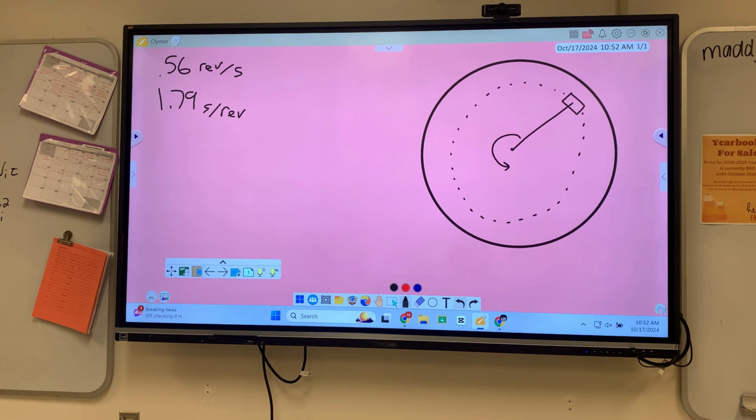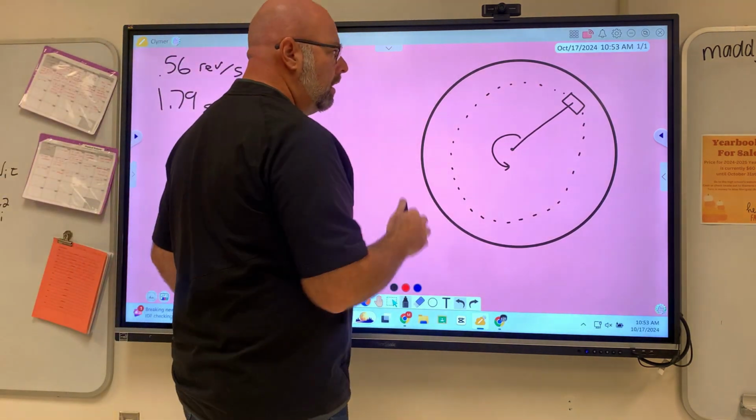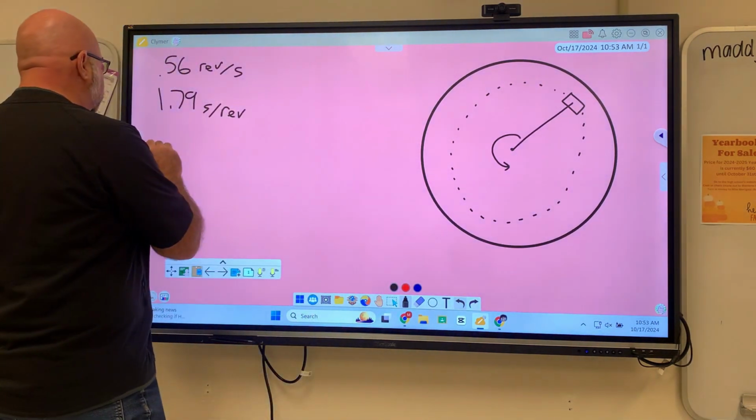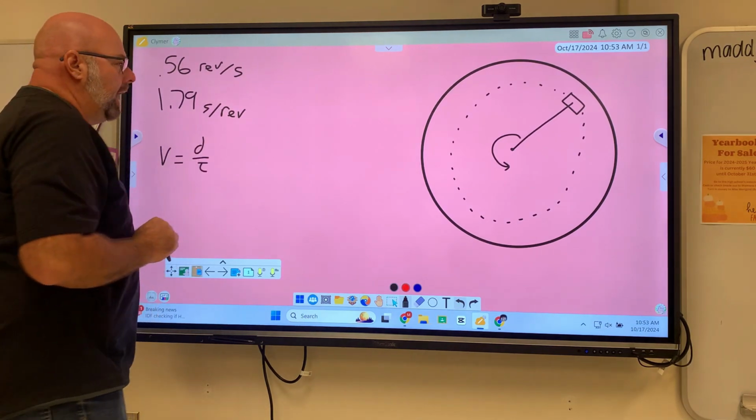Oh, yeah. All right, so as this thing goes round and round in a circle, the path that it takes depends on the radius of the circle that it is following. What's our formula for velocity? Distance over time.